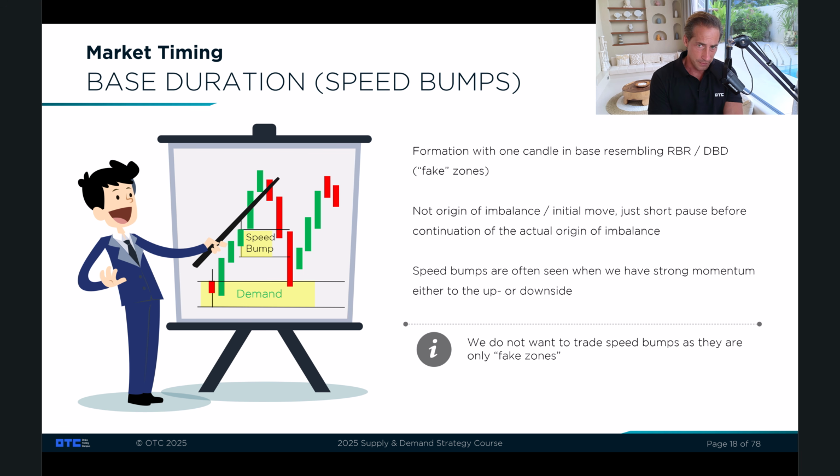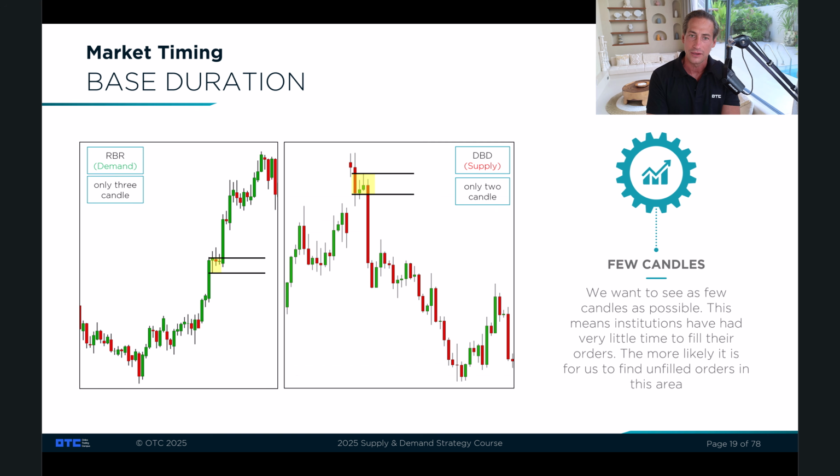But as a rule of thumb, once you have a strong momentum, either up or down, and multiple same color candles like here in the example, and somewhere in the middle of that strong momentum move, you have a single candle that looks indecisive and has the same color, it's very likely that this is not an imbalance, but just a quick pause in price. Therefore, I personally disregard these areas.